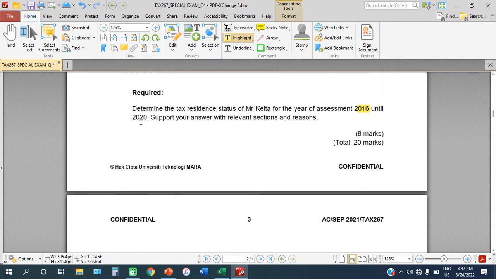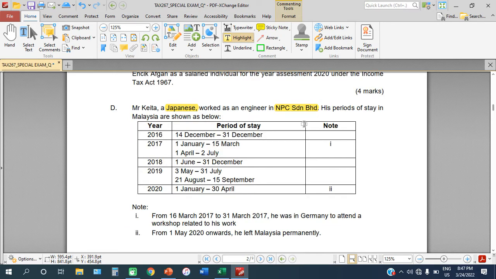So support your answer with relevant sections and also reasons. Okay, go back to our question, guys. So you are given this table. From the table here, you are given information related to year, period of stay, meaning how many days, starting from what date until what date, and then notes. Okay, we have note number 1 and note number 2, isn't it?